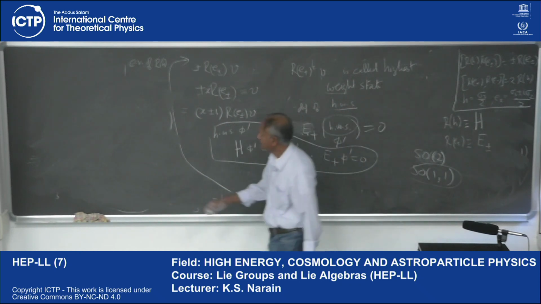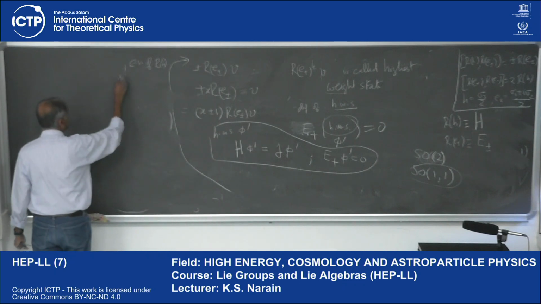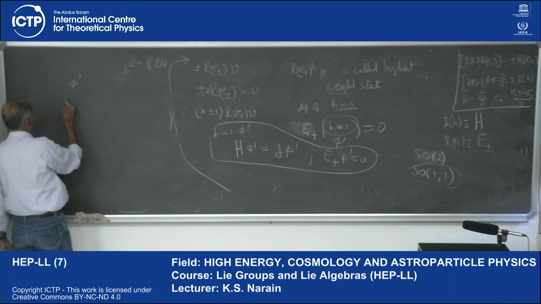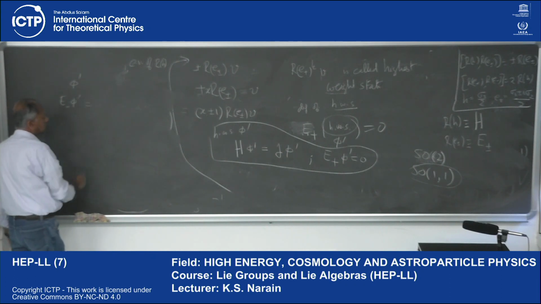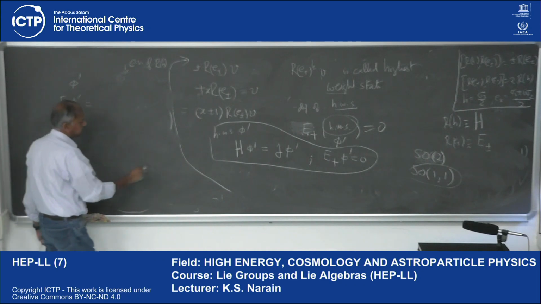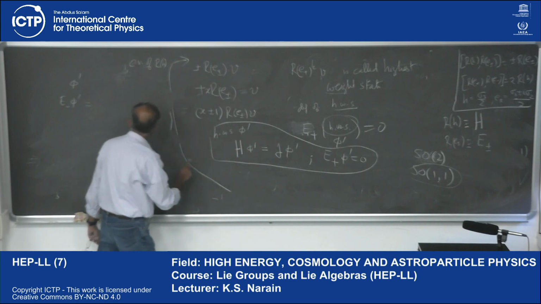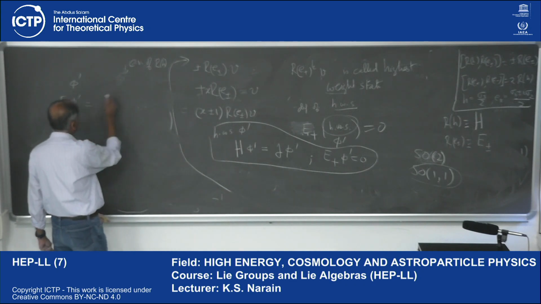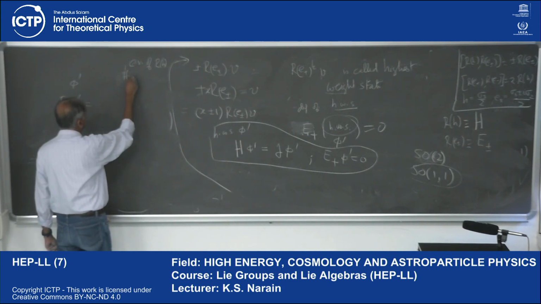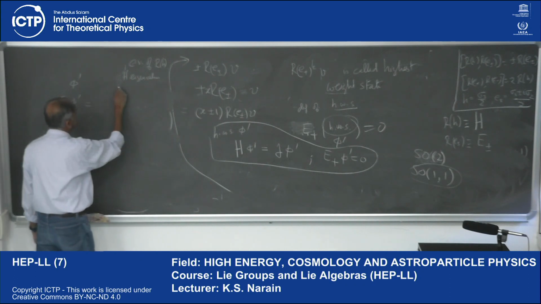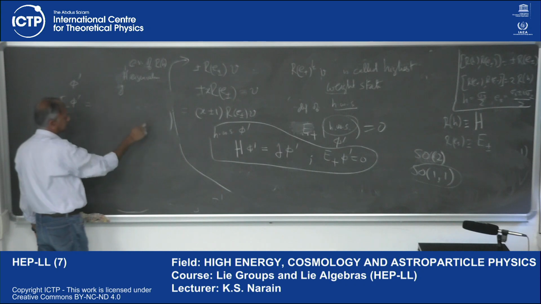Okay, so let us start with phi prime and start applying E minus. Now I apply E minus on phi prime. What is it going to do? If J was the eigenvalue of H for phi prime, then this will have a different H eigenvalue. Here we started with J as the eigenvalue.